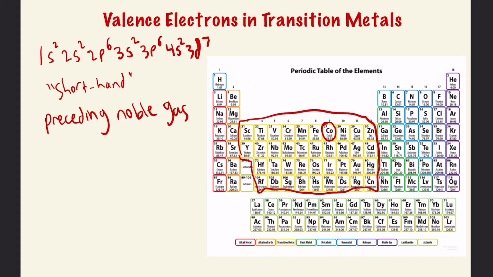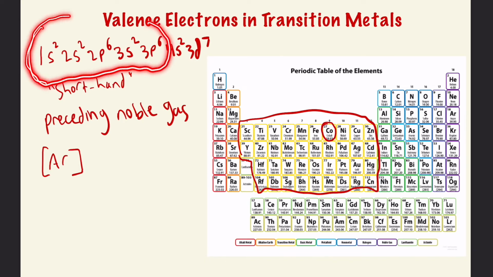So what we'll do is we will put argon in brackets here, and this argon actually has this electron configuration up here. Argon has this electron configuration: 1s2, 2s2, 2p6, 3s2, 3p6.